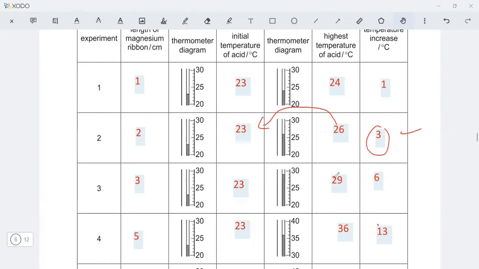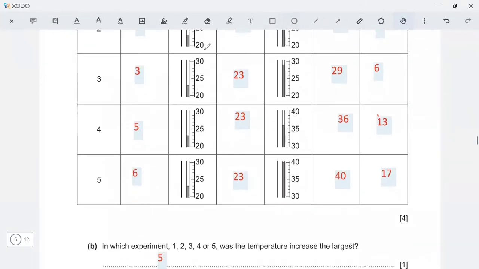Then the difference, 29 minus 23, is equal to 6. That is the temperature increase. And 36 minus 23 is equal to 13. In this way, you just have to subtract and get the temperature increase. So finally, for the fifth experiment, the temperature increase is the difference of 40 minus 23, which is equal to 17.